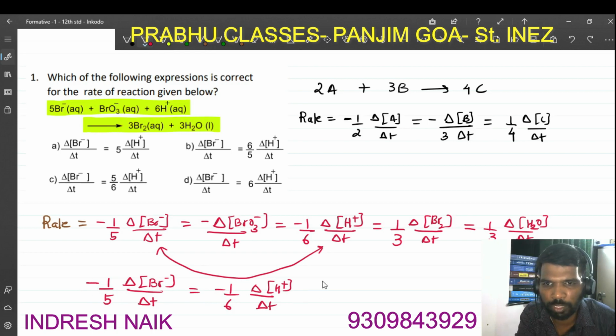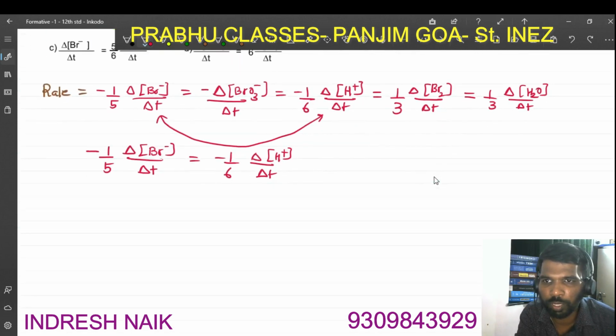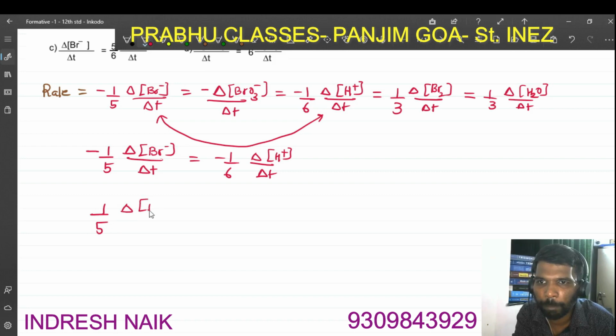So it is as good as writing 1 by 5 delta Br minus by delta T, which is equal to 1 by 6 delta H plus by delta T.